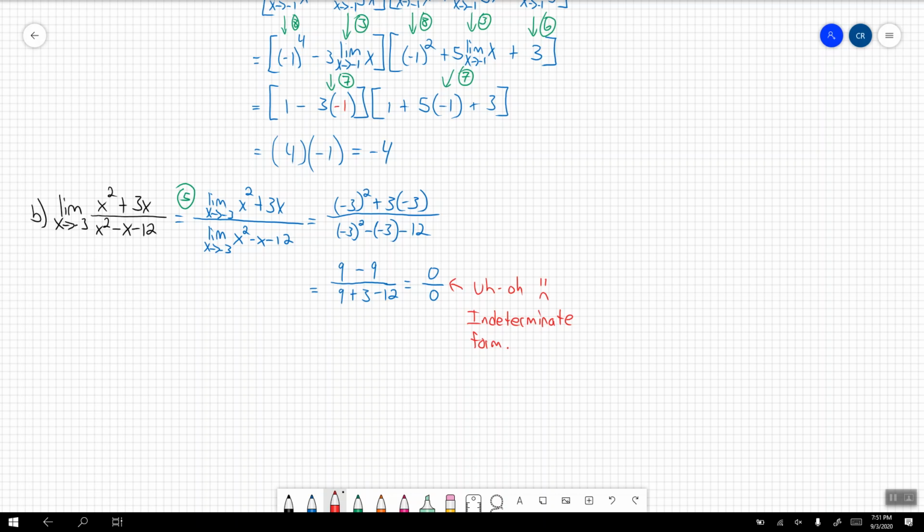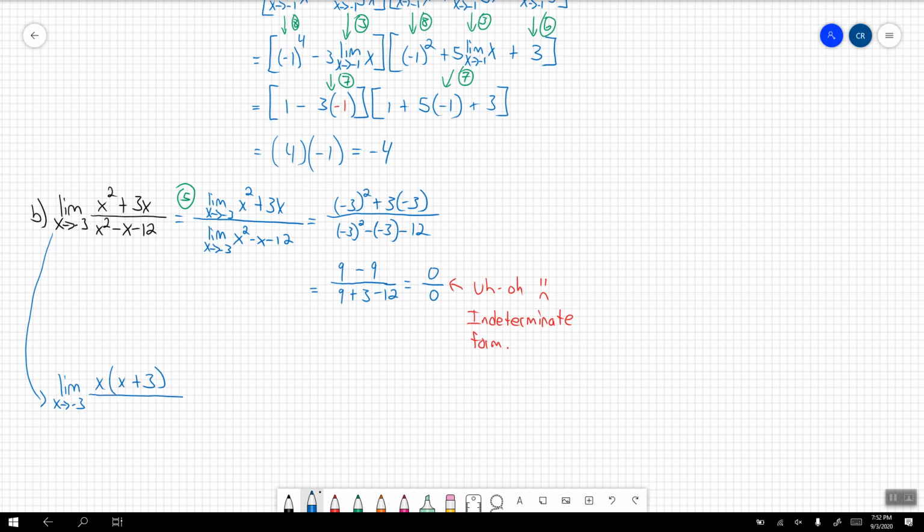However, since there are no trig equations mixed in here, I want to stick with the algebra concept. So instead, I'm going to bring the work down here and start again, but this time I'm going to start a different way. I'm going to start by factoring.